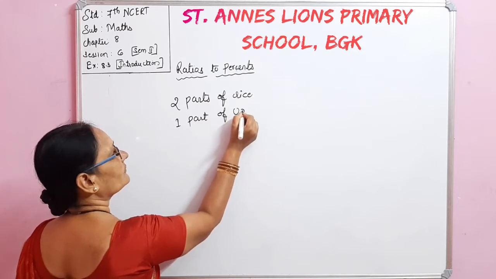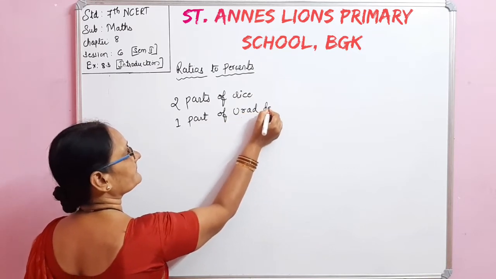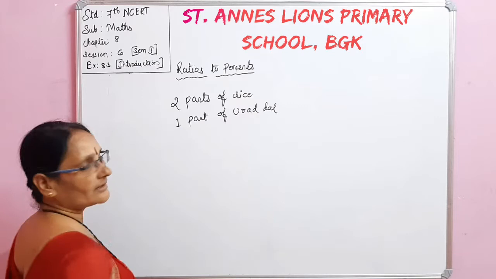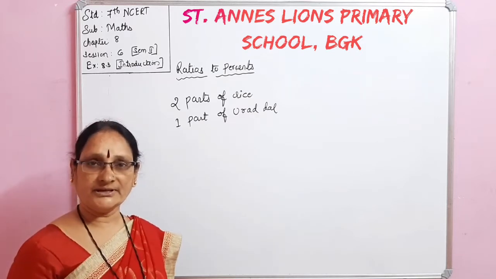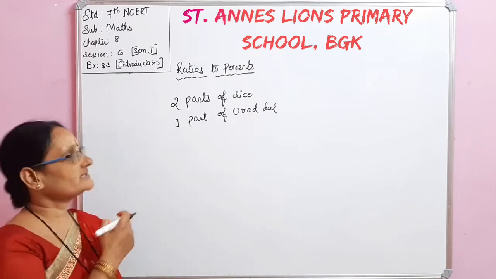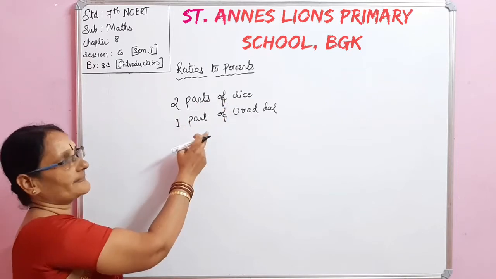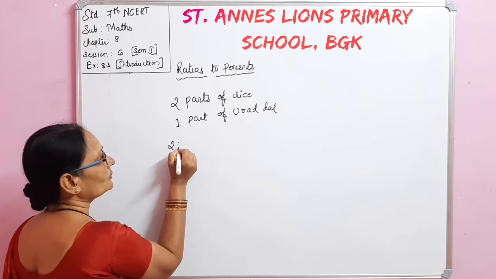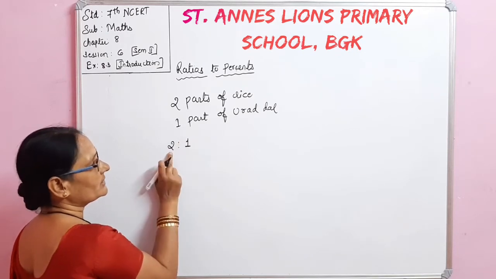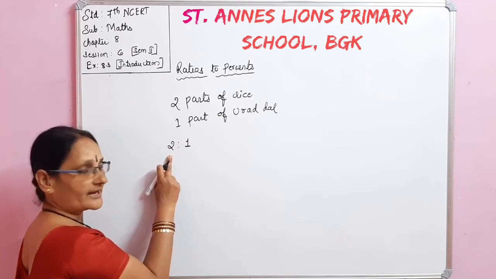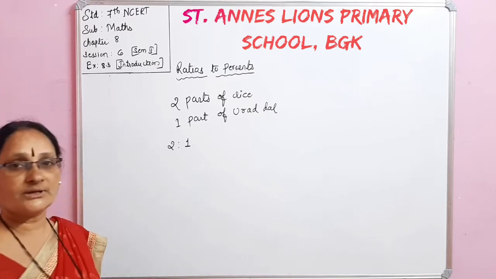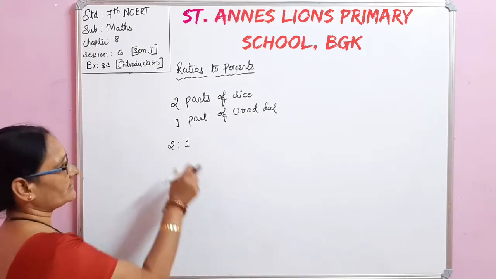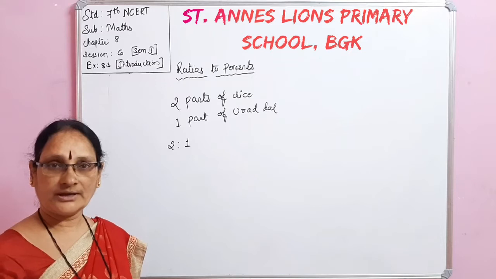These are the two constituents, rice and urad dal. How much rice are we taking? 2:1 part. Here 2 parts are rice and 1 part is urad dal. This is the ratio.